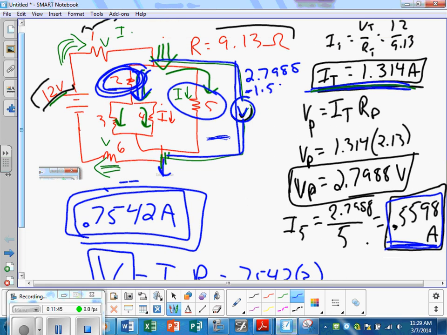And how many volts then are left to drop across this parallel part is the question. 1.2904. That's how many volts we have left to drop across the 3 and 4 ohm resistor.